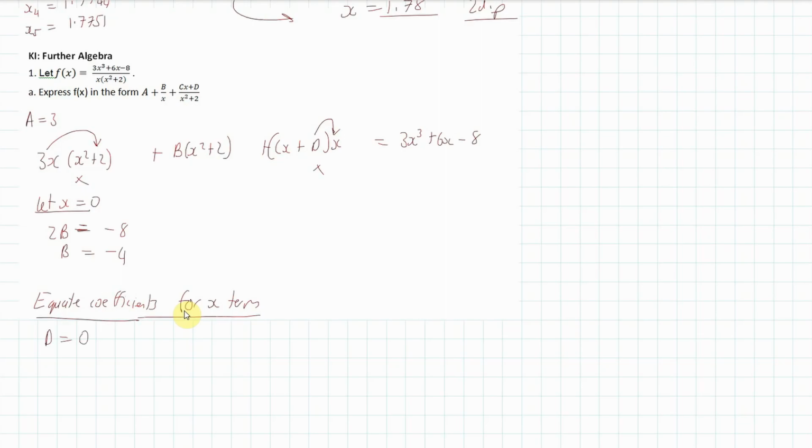And then lastly I will let x equal 1 and see if we can find out what c is. So if I do that, I'm going to have 3 times 1, which is 3, times 1 squared plus 2, so 3 times 3. So I should have 9. That's dealing with the first lot, with the a.